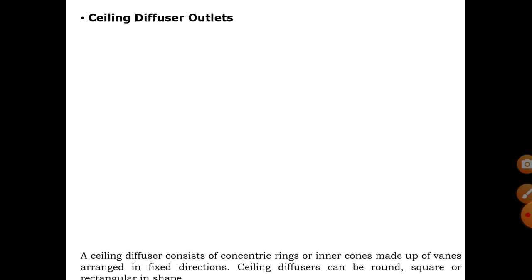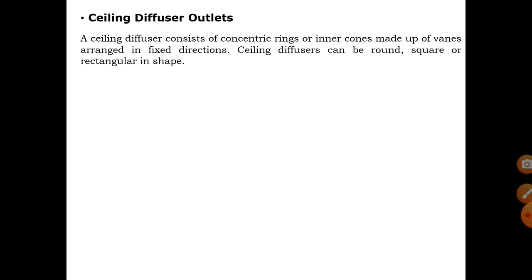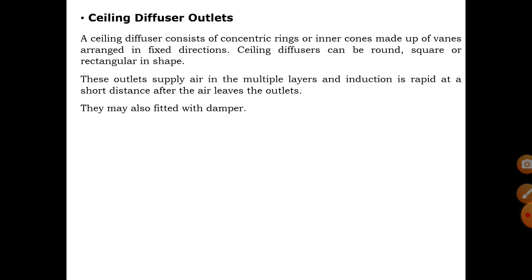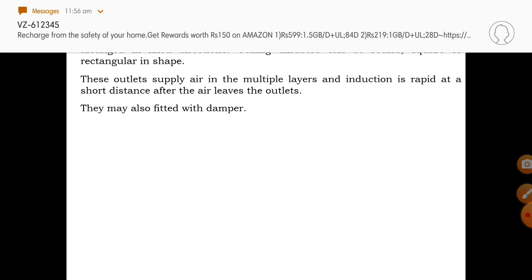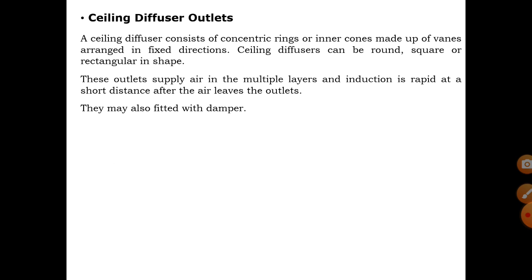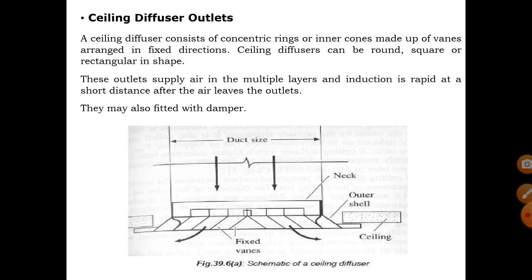And the ceiling diffuser outlets. Now it consists of concentric rings which are placed one above each other, and they are arranged in fixed directions. This could be round, square, or rectangular in shape. As I said, the concentric rings are in multiple layers, one above each other. Again, a damper would also be present over there for controlling the volume of air, and you can refer to the sketch.